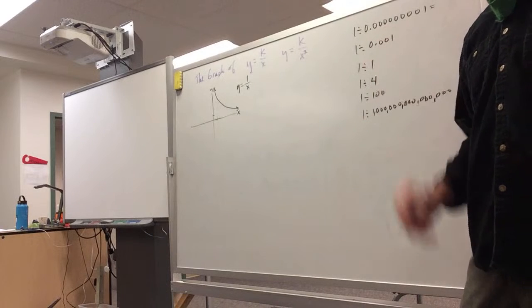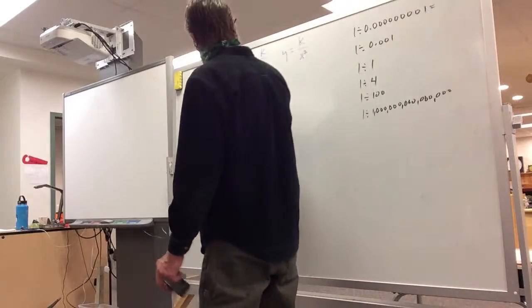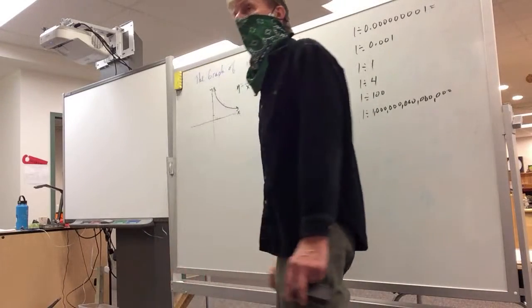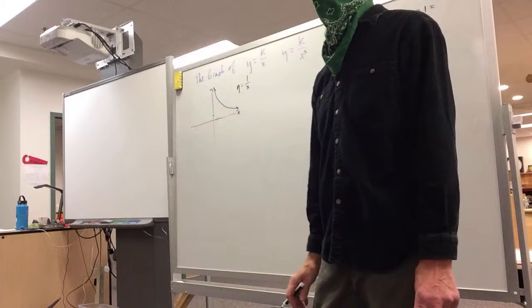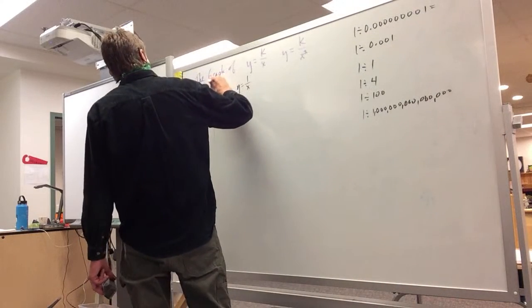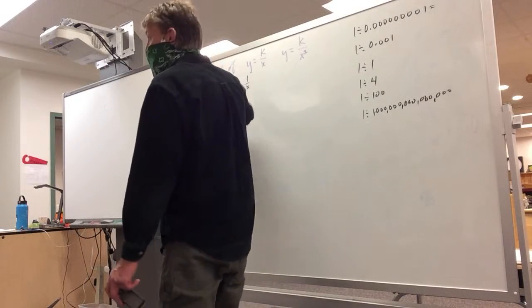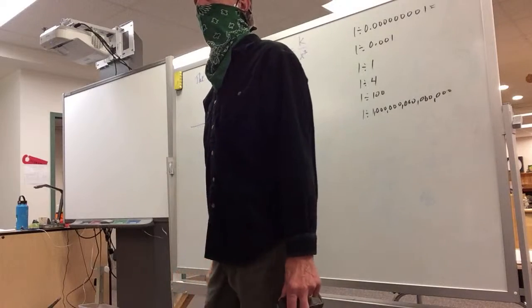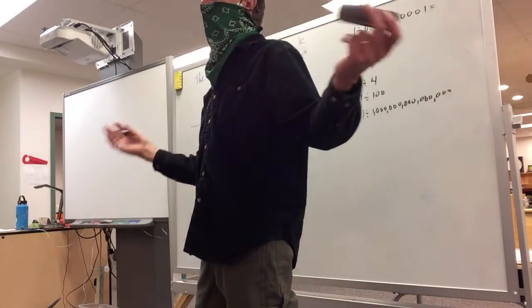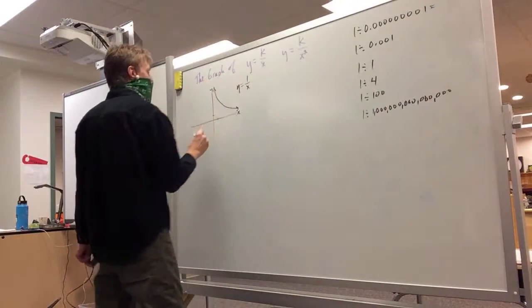Will it ever make it to zero? Never will. So this line is going to flatten out, getting closer and closer to the x-axis, but never making it. And just like over here, if we divide by smaller and smaller numbers, it becomes a larger output value, but it's never going to reach any endpoint. It's just going to keep getting bigger and bigger.